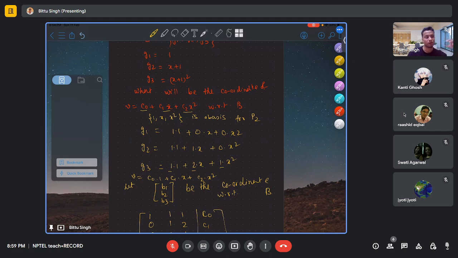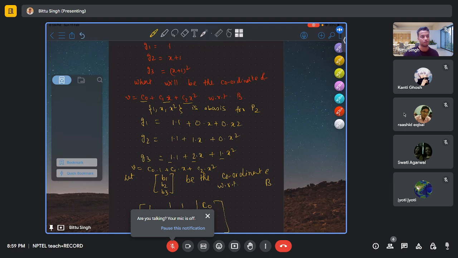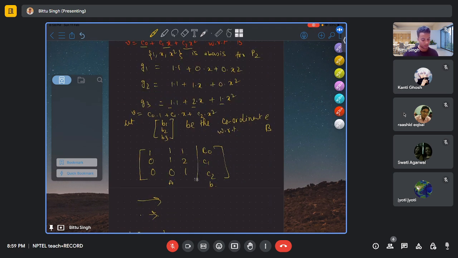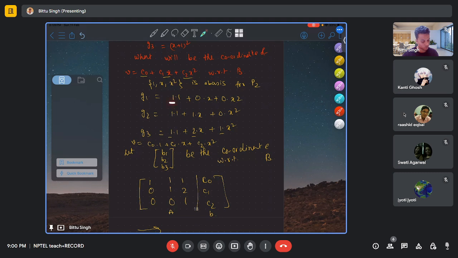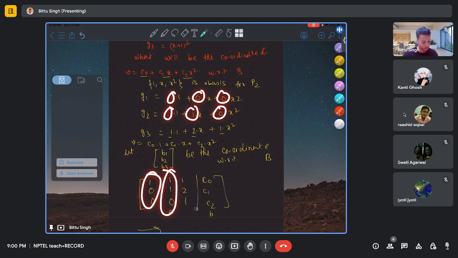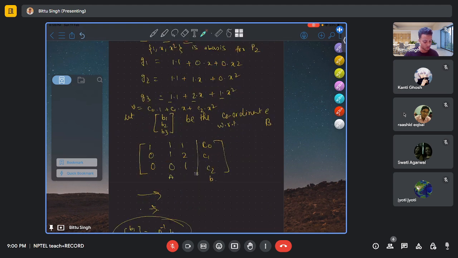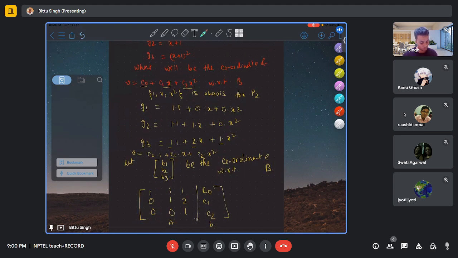We'll always try to write in terms of a system we know, and then solve for the new system. It can be given by A inverse B, where A is the matrix of the coefficients, 1 0 0 in the first column, 1 1 0 in the second column, and 1 2 1 in the third column. Now solving this will give you the required B1, B2, B3.